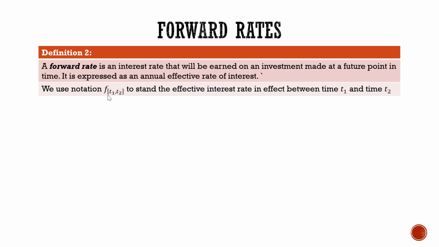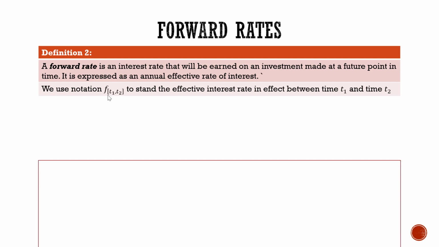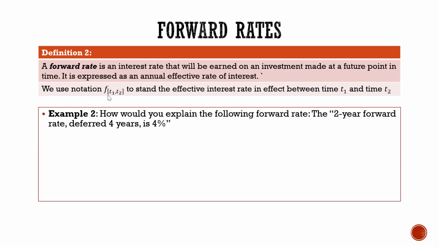We use the notation F_{T1,T2} to state the effective interest rate in effect between time T1 and time T2. Example: how will you explain the following forward rate? The 2-year forward rate for 4 years from now is 4%.